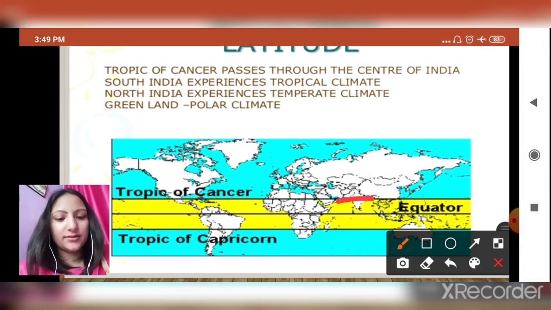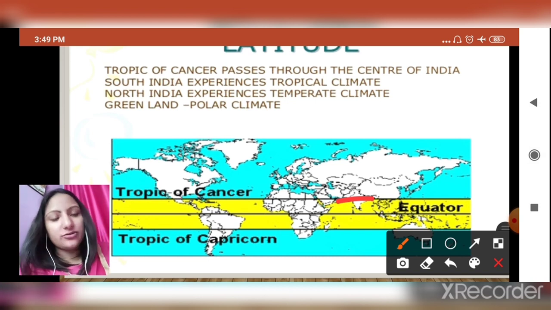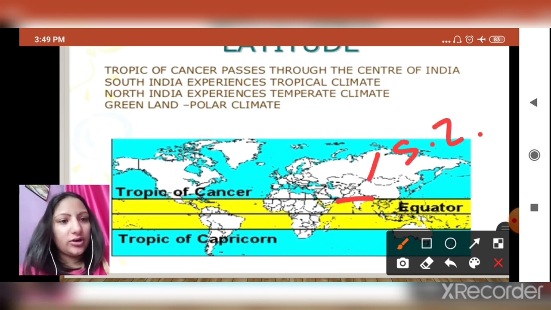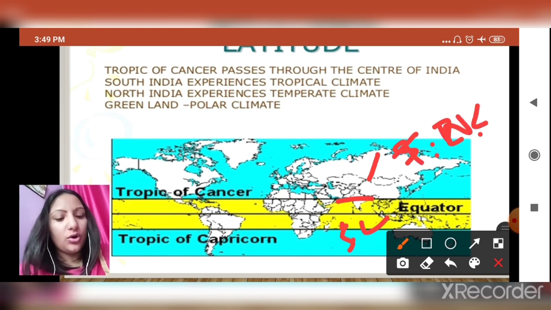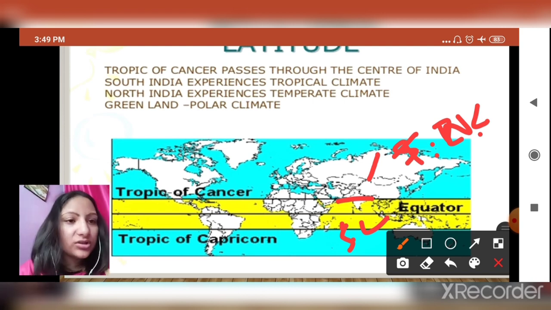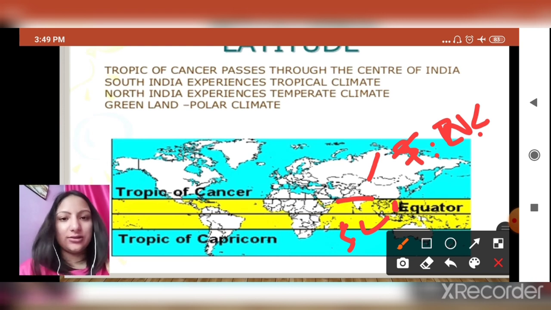The Tropic of Cancer passes through the center of India, dividing it into the tropical southern zone and the temperate northern zone. The northern half of the country experiences distinct seasons, while the southern half, being closer to the equator, does not experience much seasonal variation.